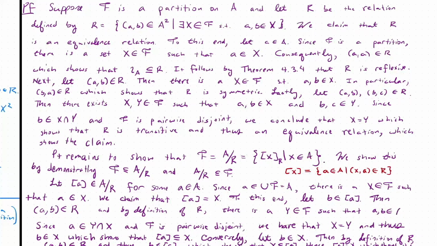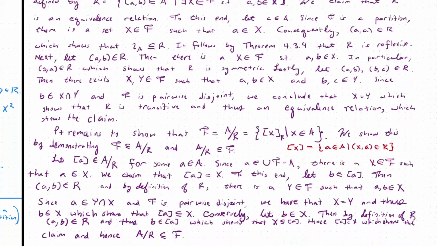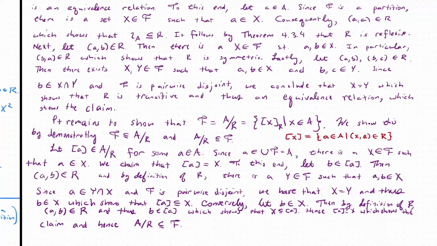So we have a, b is in X. Now, since a is in the intersection of Y with X, and F is pairwise disjoint, X is equal to Y, and therefore b is in X. And so we're just doing the scratch work that we just did, and now we have that the equivalence class of a is a subset of X.